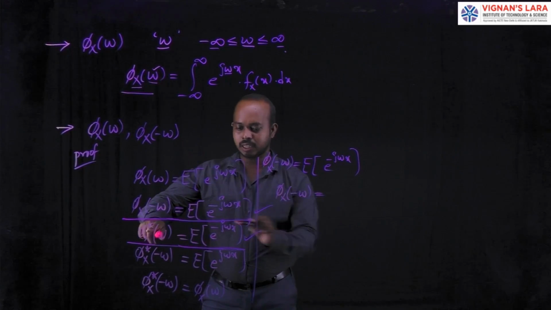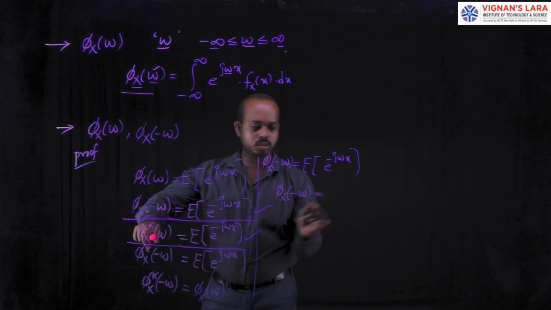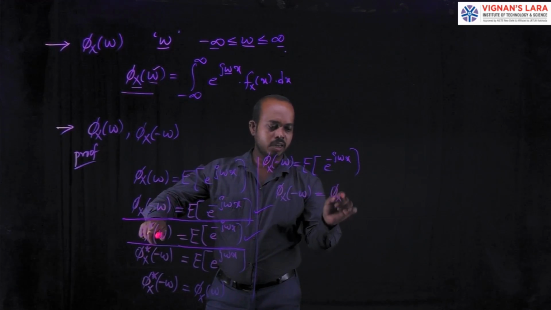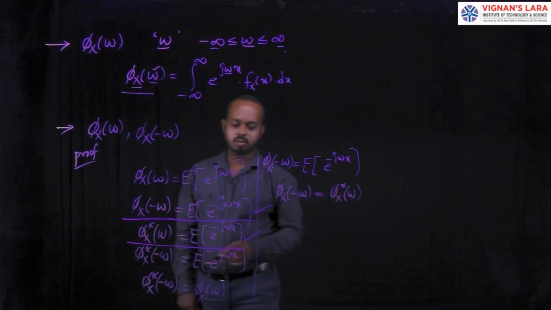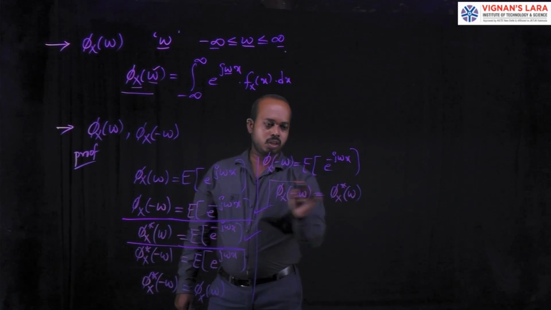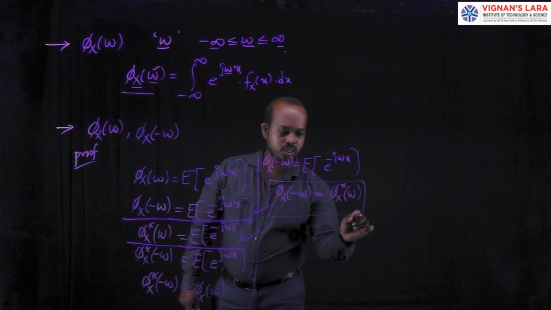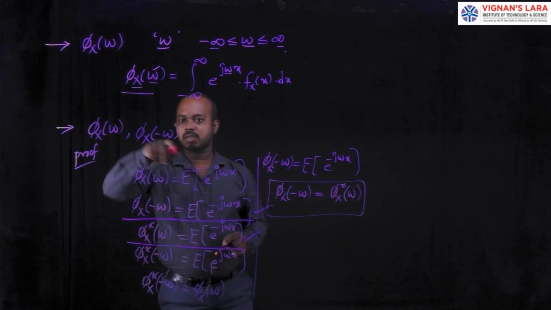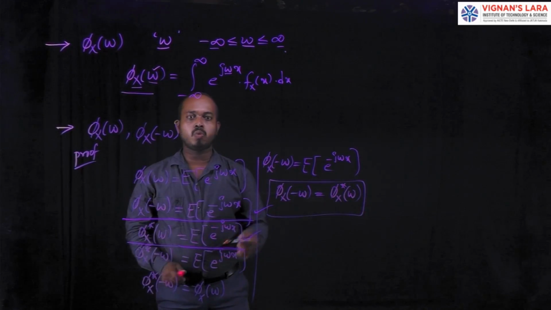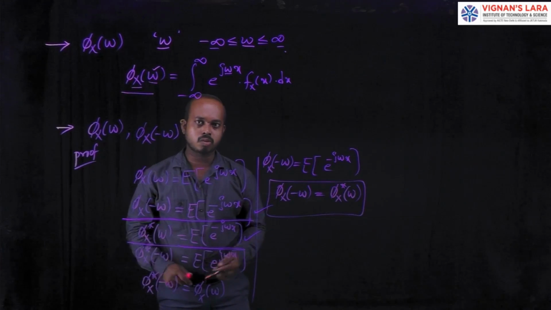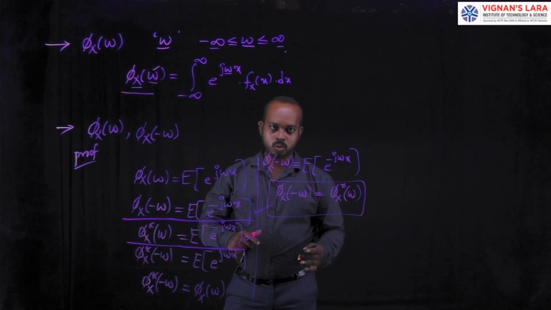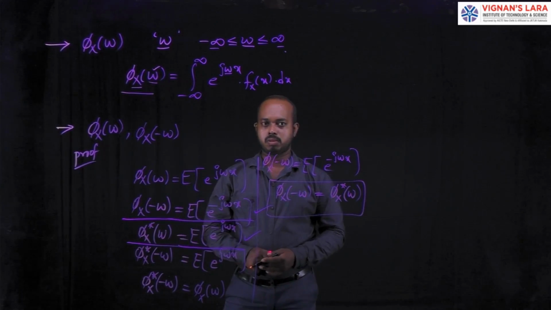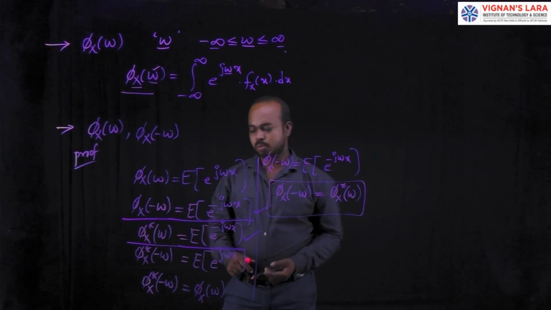Why am I writing this? Both are the similar quantities. That's why I am writing here φx conjugate of omega. That's why we call φx of omega and φx of minus omega conjugate values. Conjugate means when you take the negative values, it equals the opposite values. Based on that you can obtain this property.